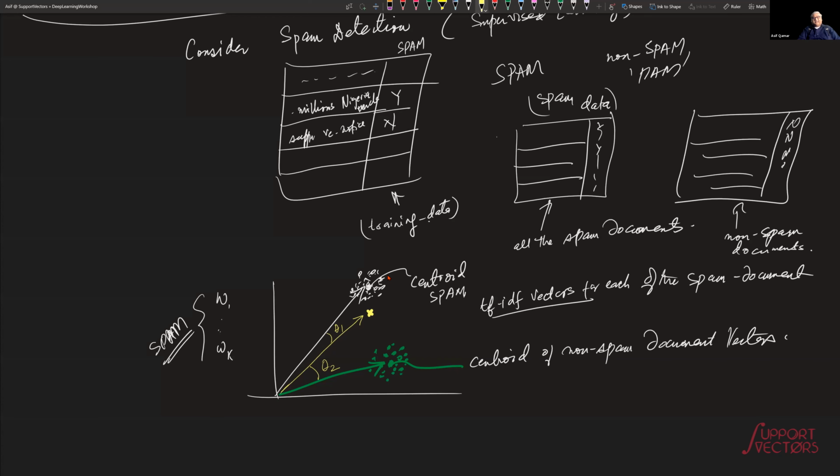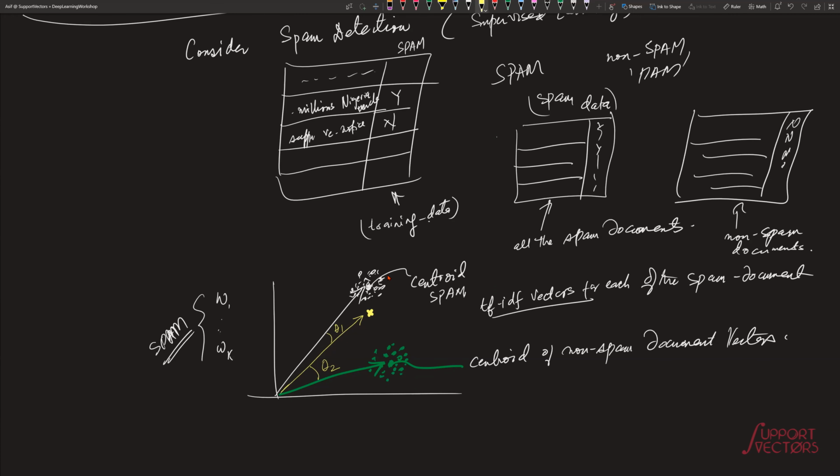If you want to decide whether it is spam or non-spam, just visually looking at it, what would you say? Just look at the angle. If it is closer to the spam centroid, it is spam. If it is closer to the ham centroid, it is ham. Easy? Does that make sense, guys?